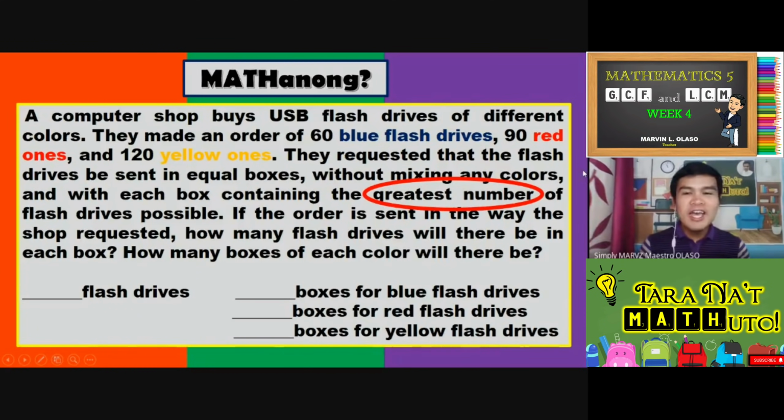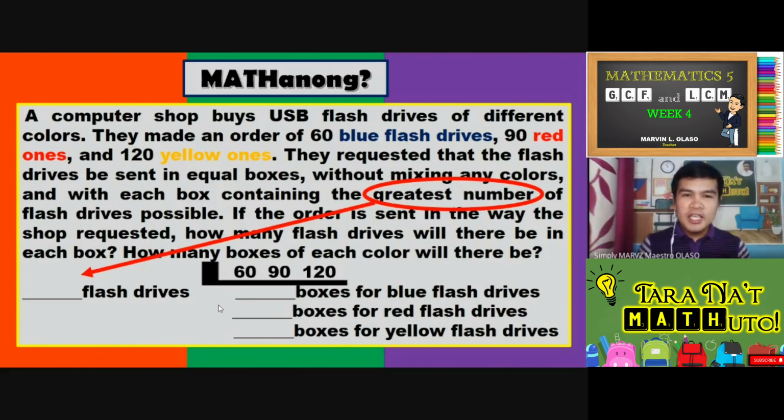So, ang gagawin mo lang dyan is to get the GCF of 60, 90, 120, para makuha natin kung ilan ang pinakamataas na bilang ng flash drives na pwedeng ilagay sa boxes. So we will get the GCF of 60, 90, and 120.